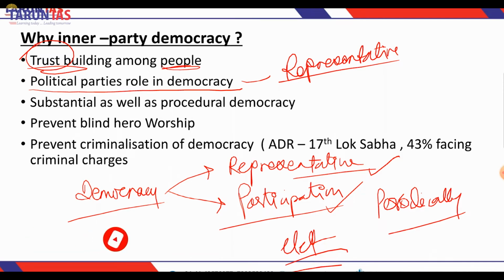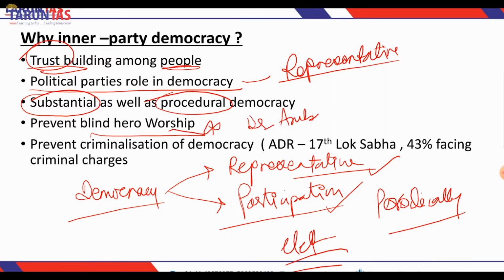Inner party democracy is needed so as to ensure the substantial as well as the procedural democracy. And inner party democracy also prevents blind hero worship. If I recall Dr. Ambedkar, then he was against hero worshipping. He was absolutely not in favor of hero worshipping. He was absolutely not in favor of giving absolute power to any one person.